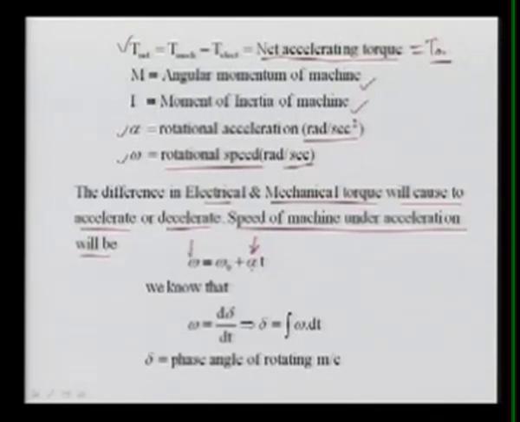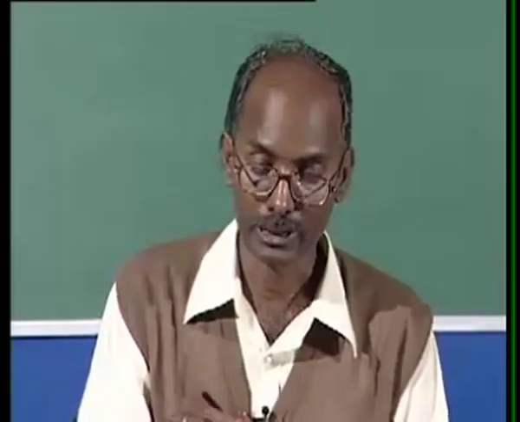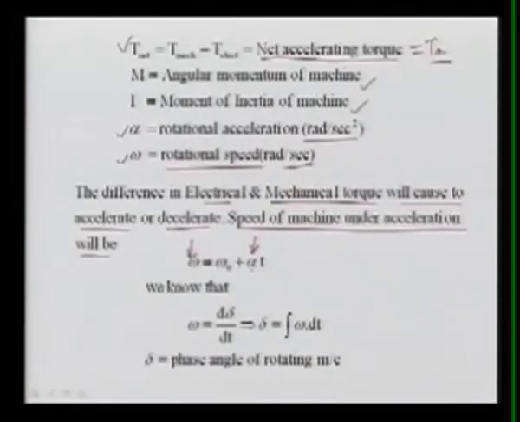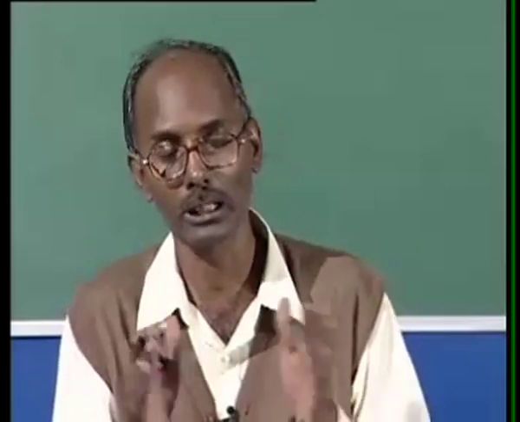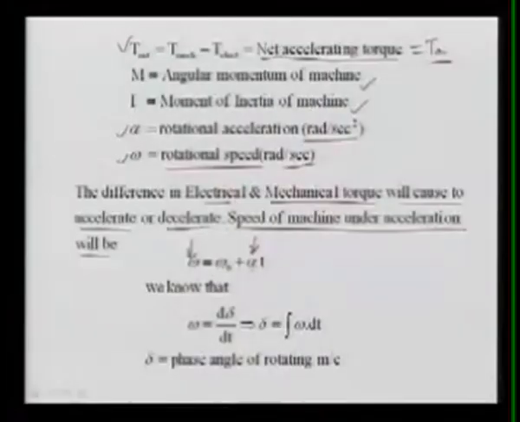If there is no acceleration, then the speed will be omega naught. Omega naught is the base, or you can say constant speed, where both are balanced: T mechanical is equal to T electrical. This relation is very widely used, and we'll see it in the later part of this lecture.